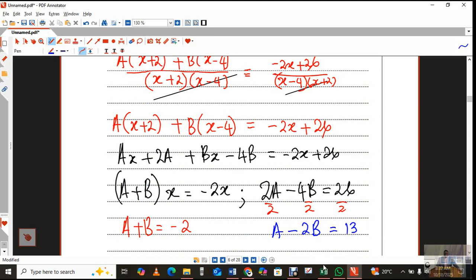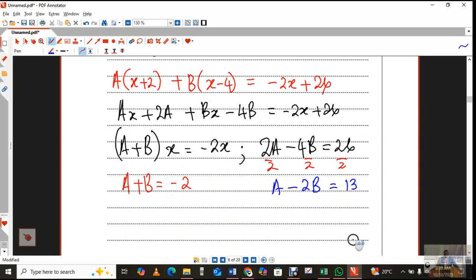So we're going to solve these two equations simultaneously. This could be my equation 2, or let's just rather say this is equation B and this is equation A.